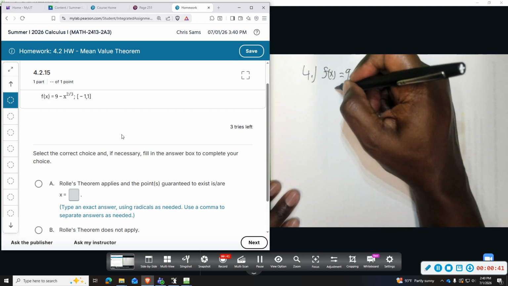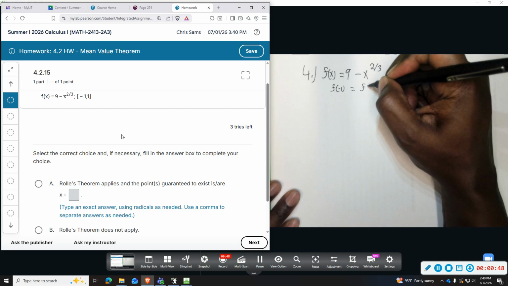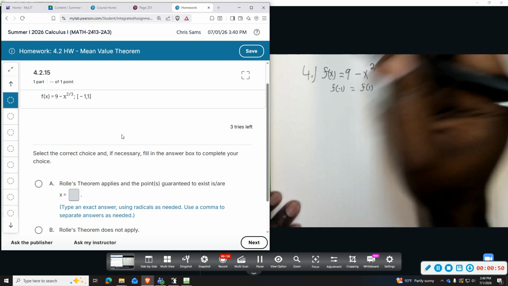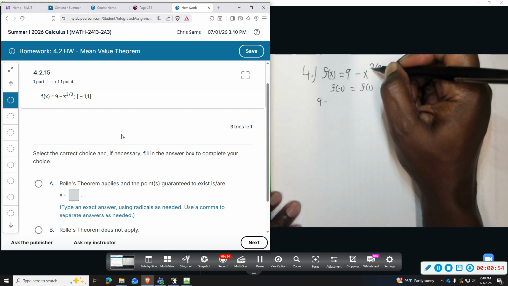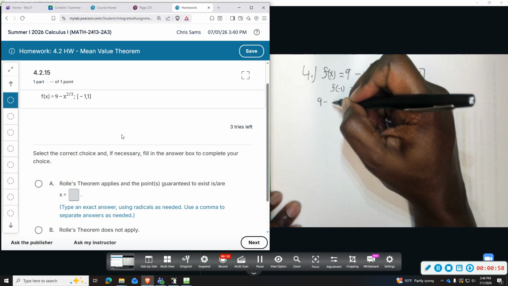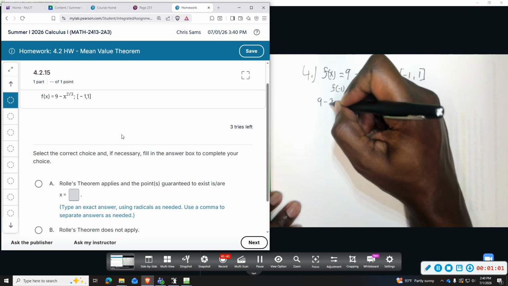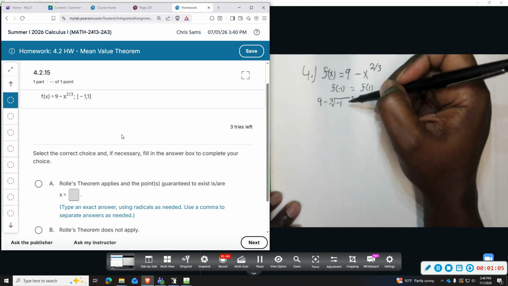So we're going to look at f of -1 and see if that's equal to f of 1. And so that will give me 9 minus, and this will be the cube root squared.